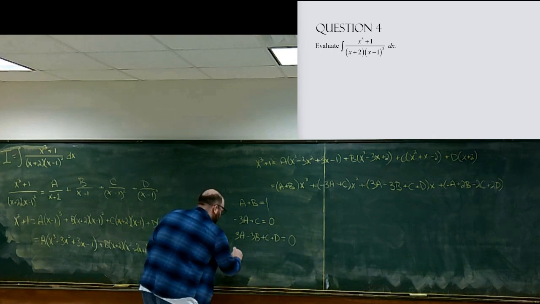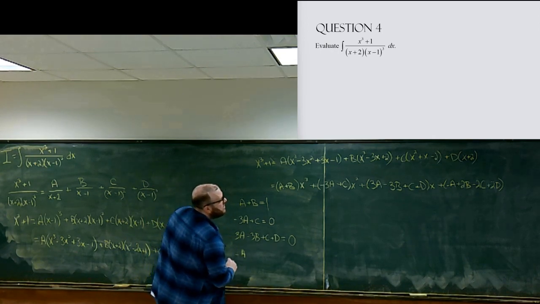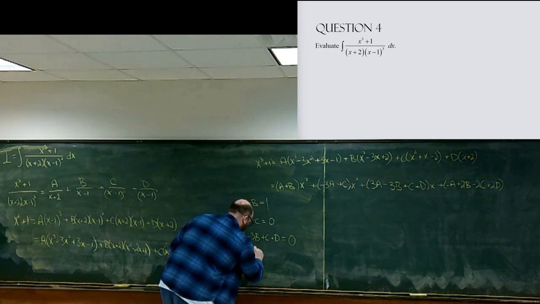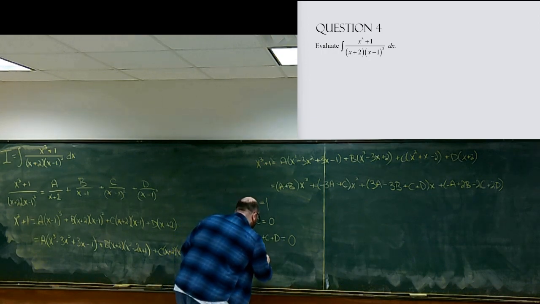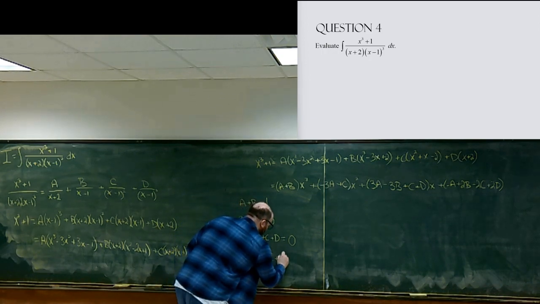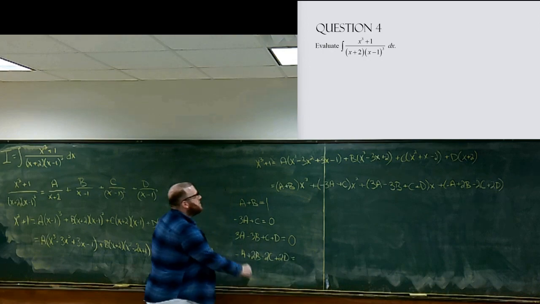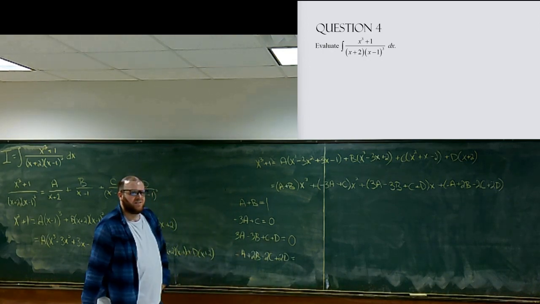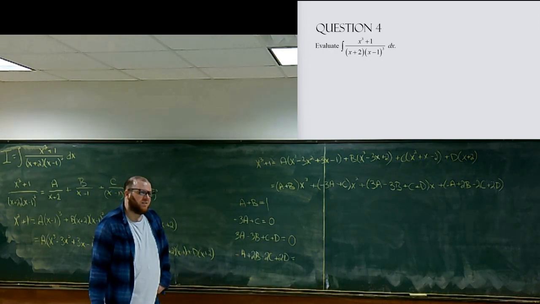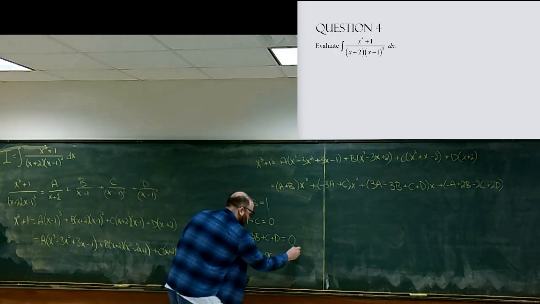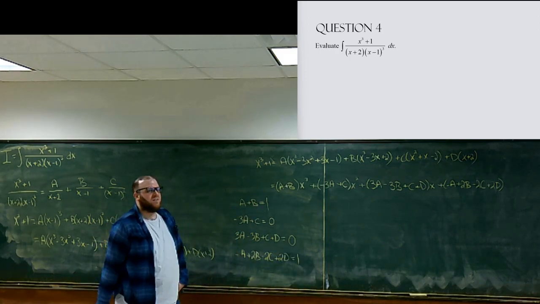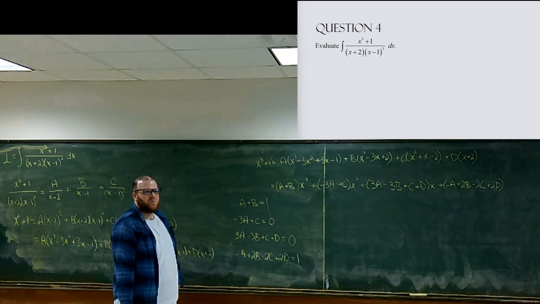And then finally, negative a plus 2b minus 2c plus 2d has to equal the constant. There's that system of 4 equations and 4 unknowns.